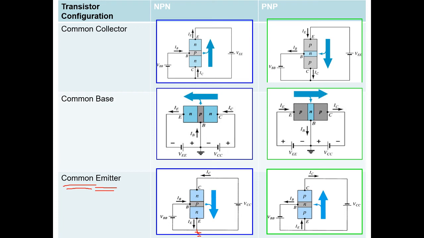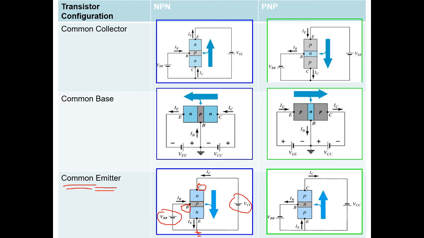So if common emitter means the emitter is ground, you put the bias to your base and also to your collector. How do you determine the biasing for your base and collector? Because the ground is at the emitter part, you can logically think that the base and emitter are connected to each other. But how do you put your battery or your bias?